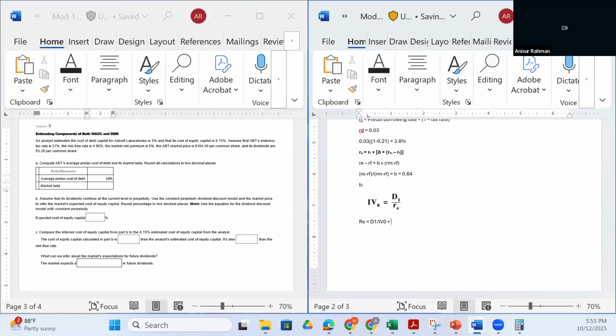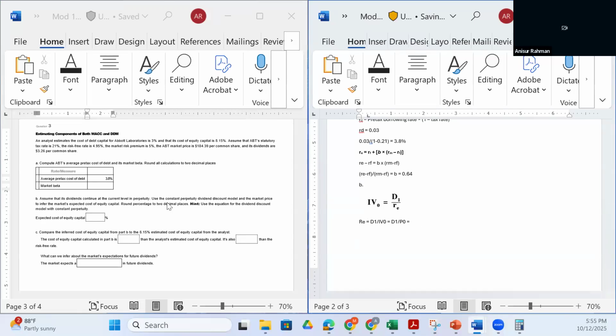But we don't know intrinsic value. We know price, so we are going to use price. That's why it is saying infer the market's expected cost of equity capital, meaning given the market price instead of intrinsic value, which we don't know, what is the implied cost of equity?